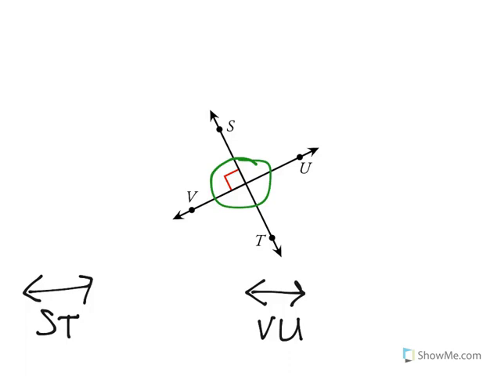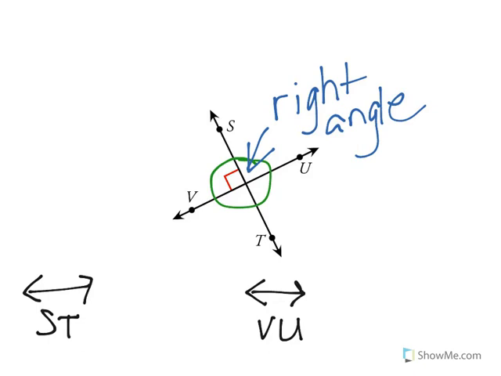That's correct. That red square stands for a right angle. So, we know that these two lines are touching to make right angles. So that means that these two lines are perpendicular. Exactly. So we have line ST is perpendicular to line VU.